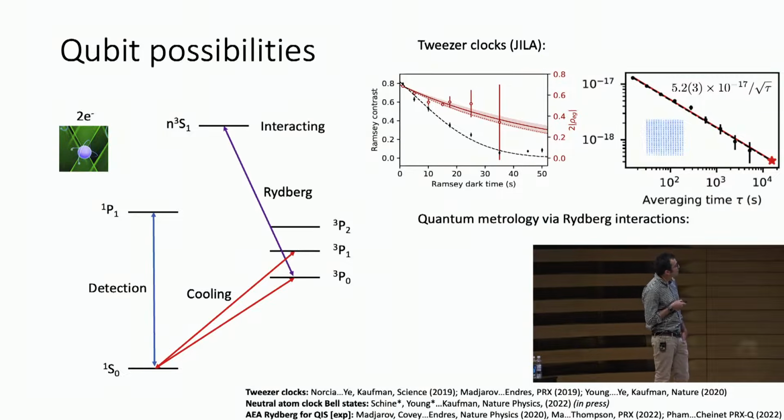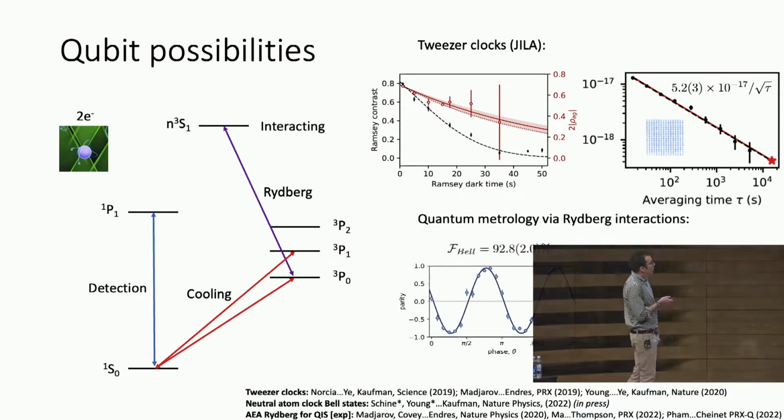A really nice direction that we've been excited about for some time, and a number of groups are excited about these days, is combining this tweezer clock capability with Rydberg interactions, which at this point need no introduction based on the very nice talks we just heard. The key point is that we want to use this to implement operations that entangle the atoms, so that we can combine entanglement with an optical atomic clock.